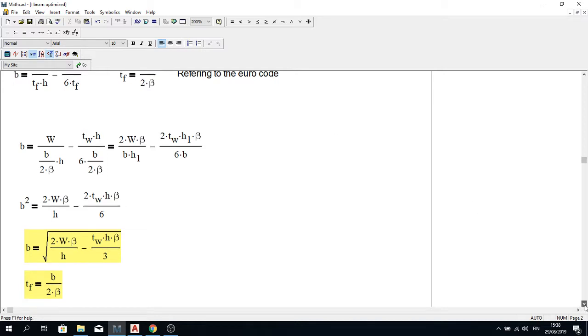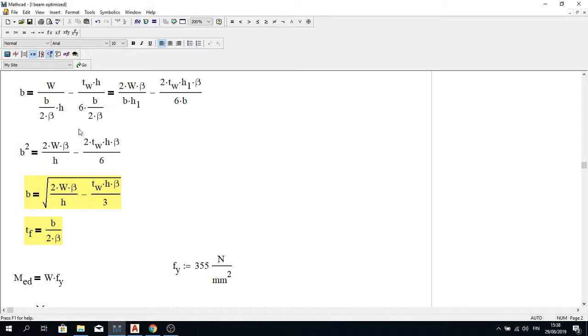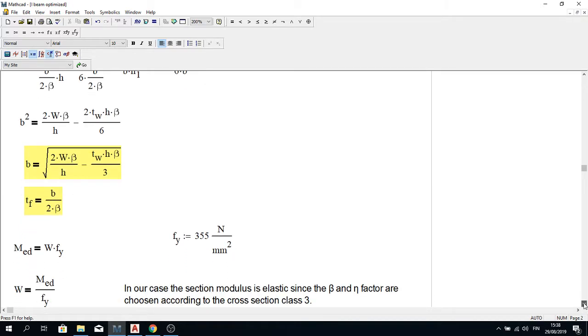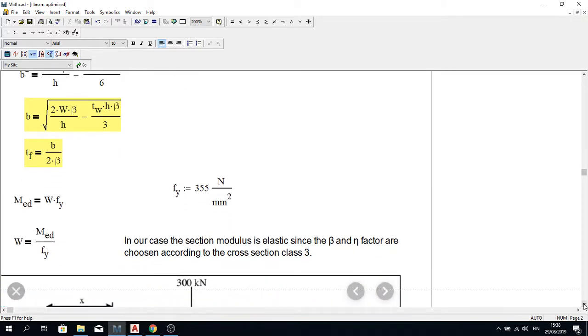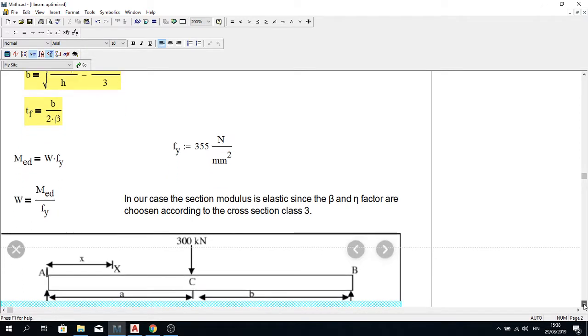After doing all the calculation, B would be looking like this, and we can further write B equals root under 2 times W times beta factor divided by height minus thickness of web times height times beta factor divided by 3, and thickness of flanges would be B divided by 2 times beta.